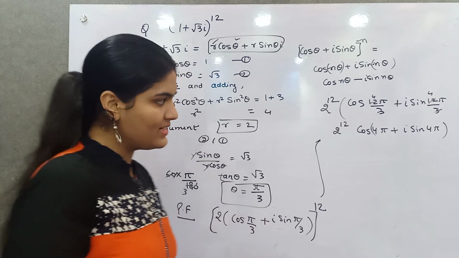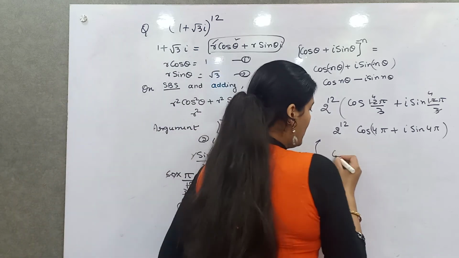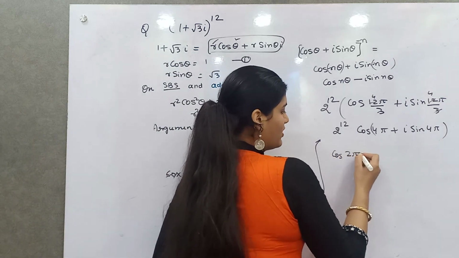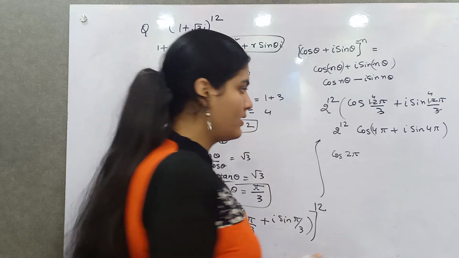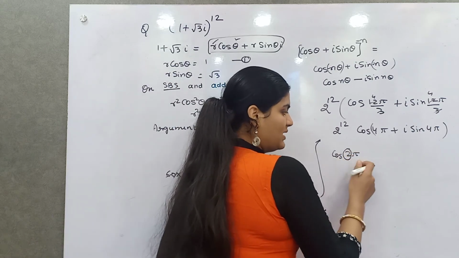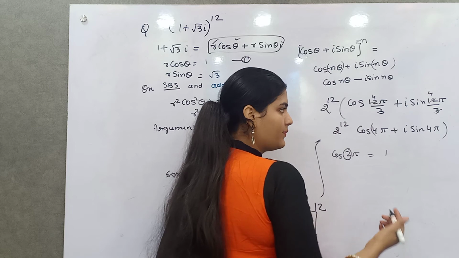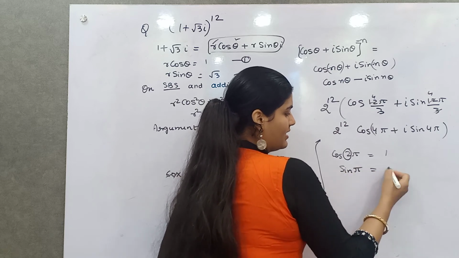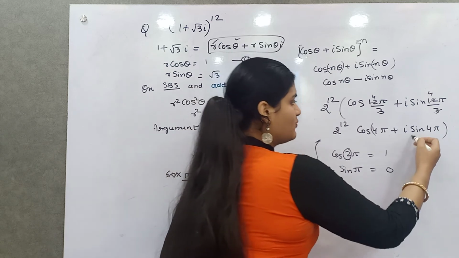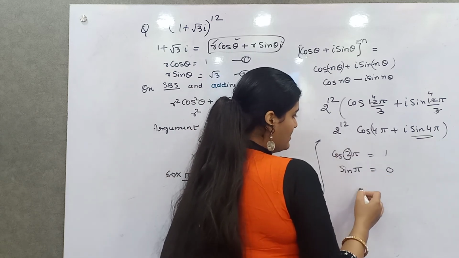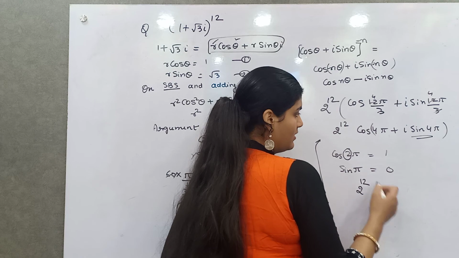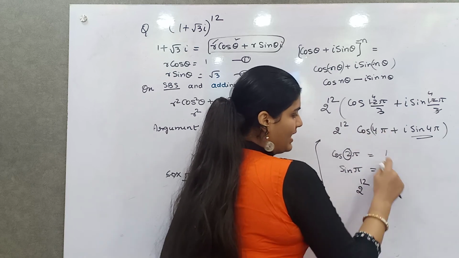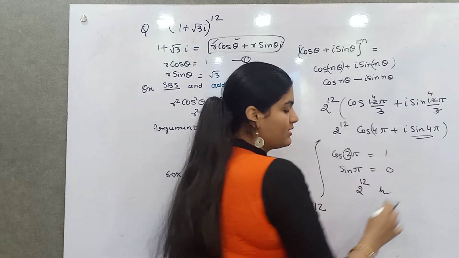You can leave it here, or else, you know that cos of an even multiple of pi is 1, and sine of a multiple of pi is always 0. So this part becomes 0, and the answer will be 2 raised to power 12, since cos 4 pi is 1. So this is your answer.